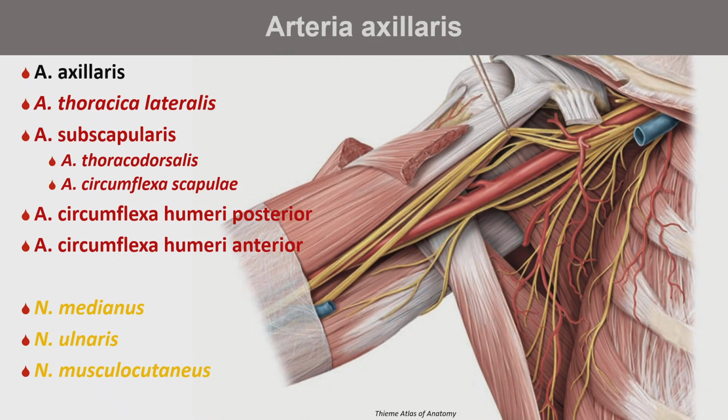Why is this compression possible? Because arteries here are accompanied with neural structures. Here we have the infraclavicular part of the brachial plexus.